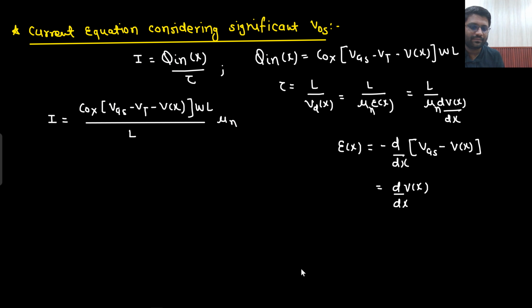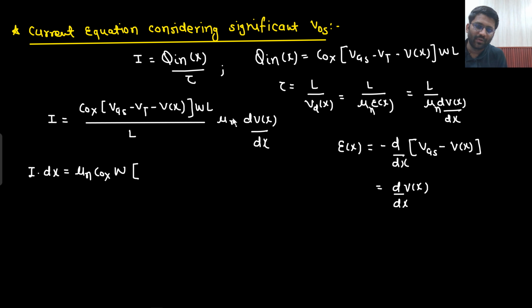Okay. Now mu n dVx/dx. Now I can take this dx here: I dx equals mu n Cox W by L. Something is wrong. Okay, mu n Cox, and L and L are getting cancelled out.